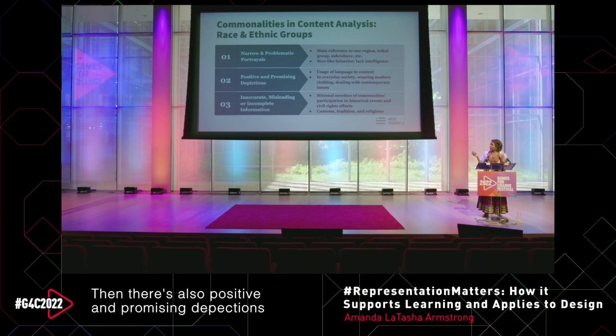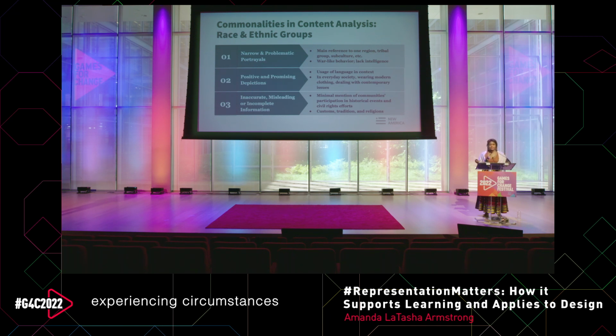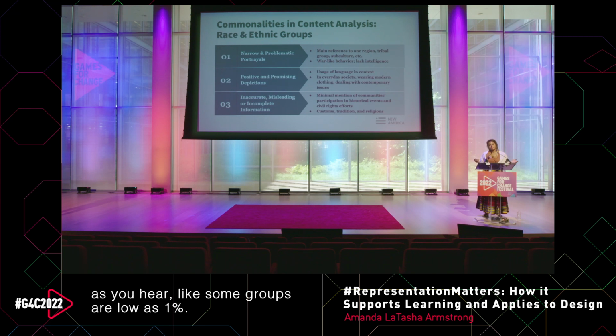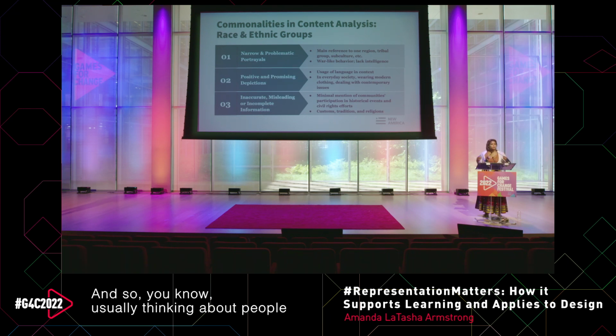Then there are positive and promising depictions, which tend to use language in an accurate context and show people within everyday society experiencing circumstances. Because there's often an erasure of specific groups, as you heard, some groups are as low as 1%. So it's usually about people in contemporary times dealing with issues.